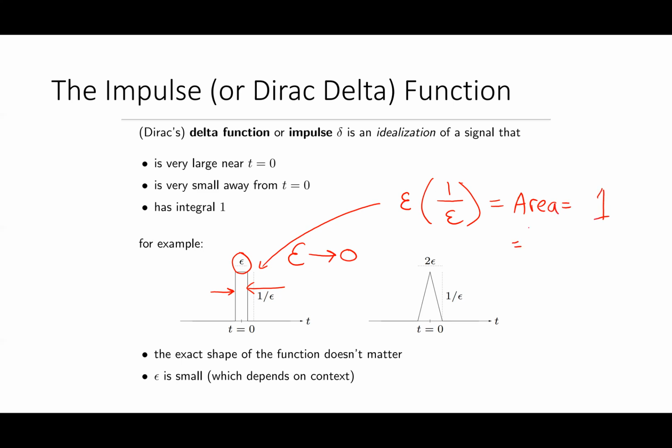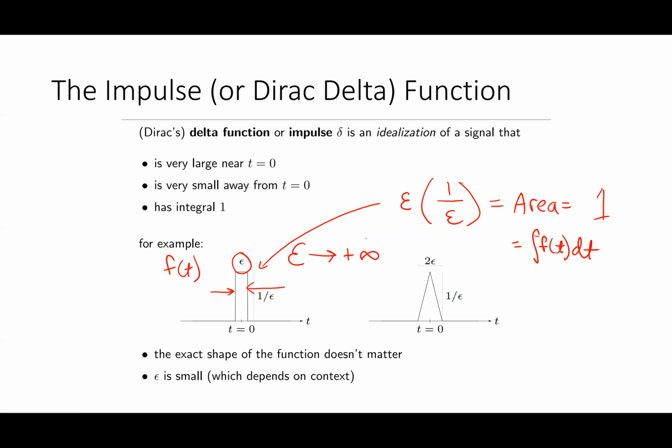If I called this function f of t, I could write the area under f of t as that. Actually, in this case, what I'm doing is letting epsilon go to infinity, the way it's written here.